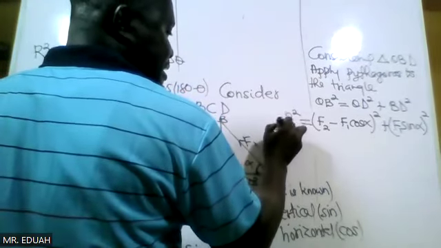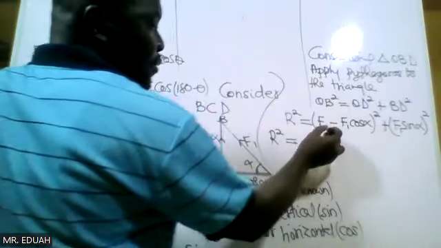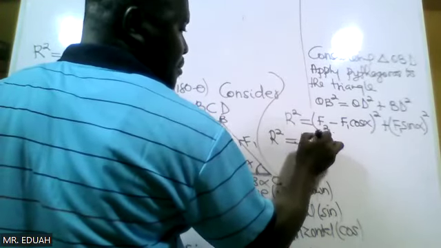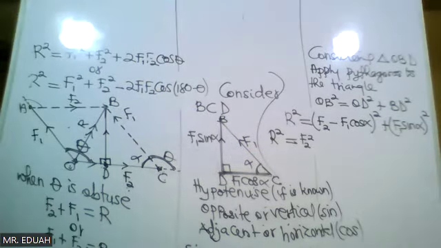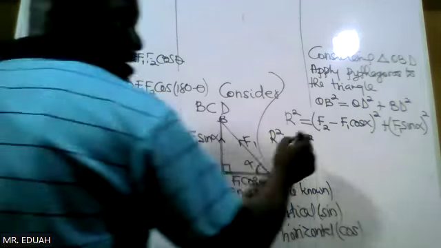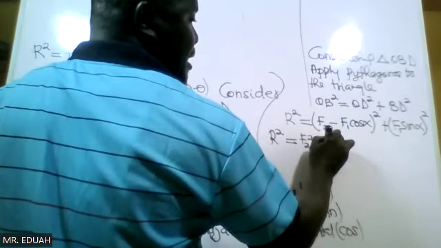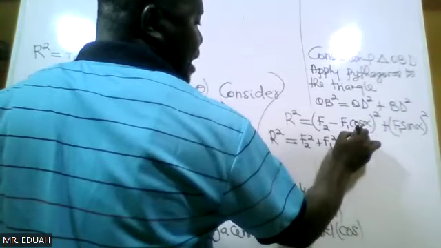So R squared is equal to, we need to square this, F2 squared. Then you need to square minus F1 cos alpha, and this will give us plus F1 squared cos squared alpha.